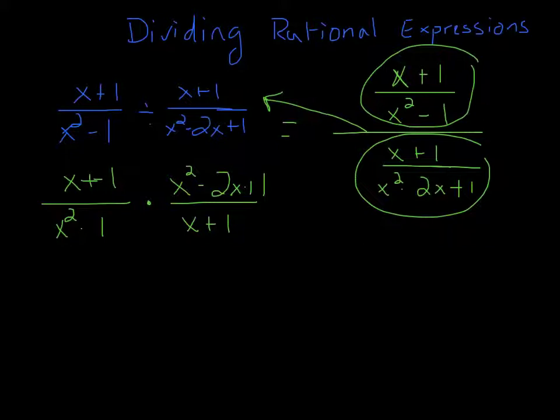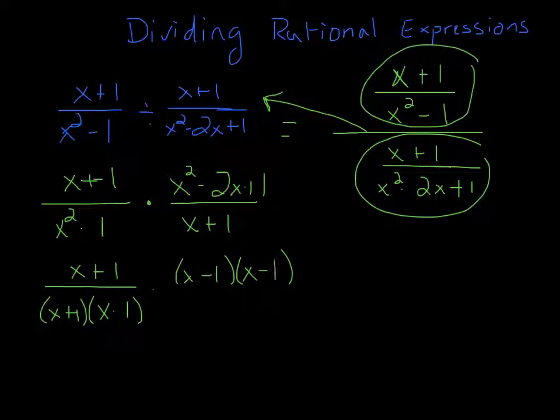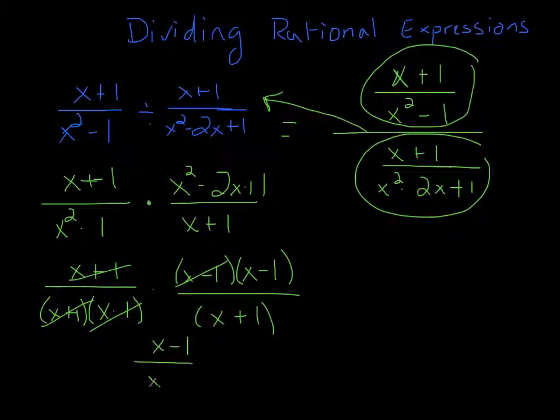Do our factoring first. x plus 1 over x plus 1, oops, x minus 1 times, we're going to factor this one, we have x minus 1, all over x plus 1 on the bottom. Now, pretty simple, right? x plus 1, gone. x minus 1, gone. What are we left with? That's it. We have x minus 1 over x plus 1. We're done. It's just that simple.